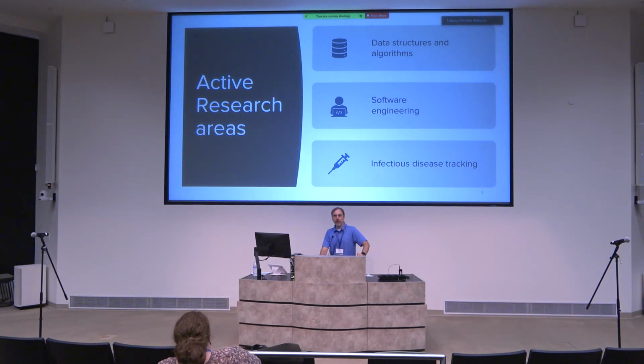We invest heavy focus on software engineering, building tools that others can use, whether in the government or other scientists who would like to use our code to analyze data. In addition, we focus a lot on how to better detect and track pathogens, bacteria, and viruses that can be harmful to human hosts.